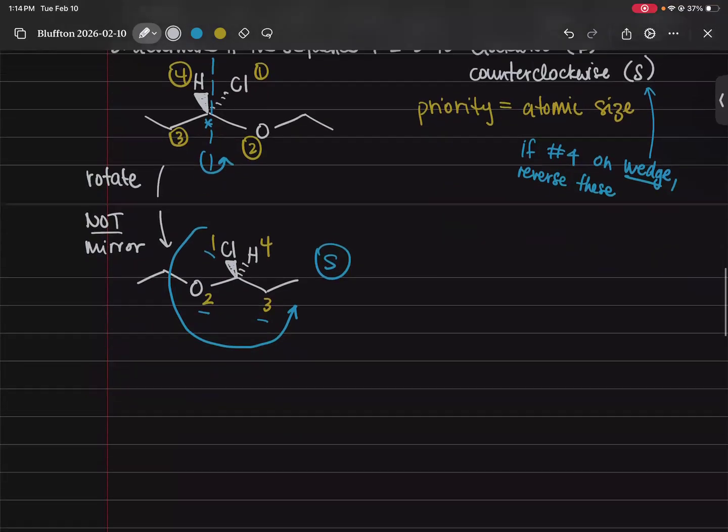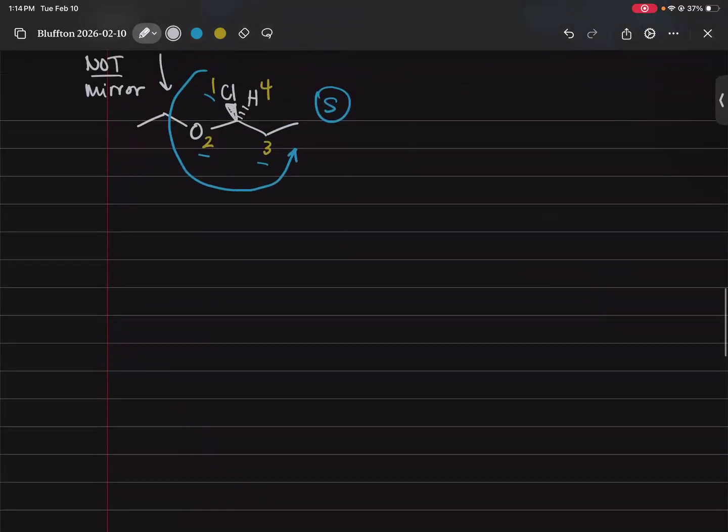So an example of that would be a molecule like this.